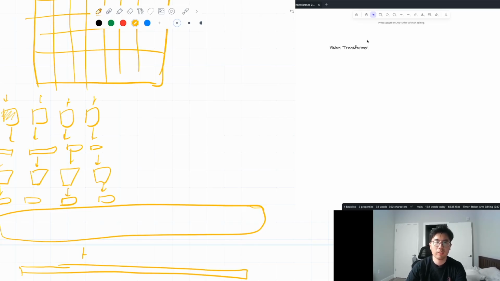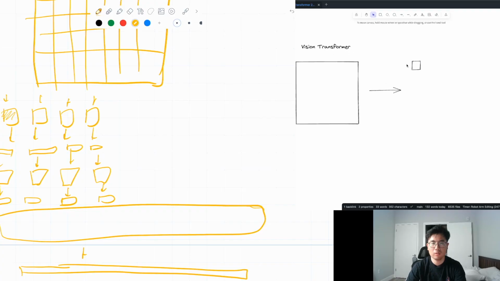Vision transformer takes an image. Then you have these converted into these patches.